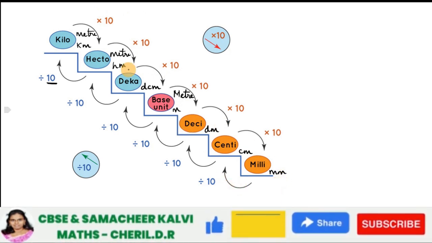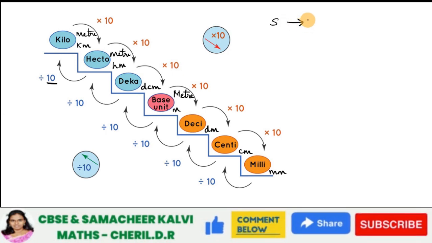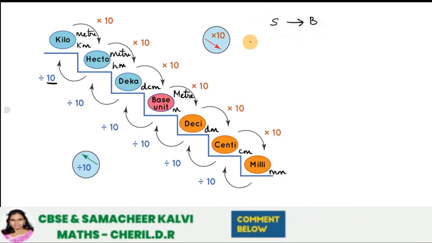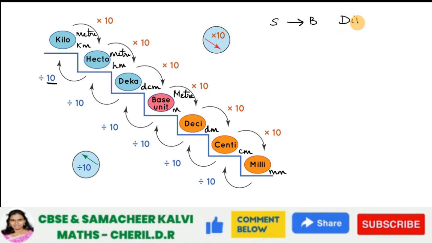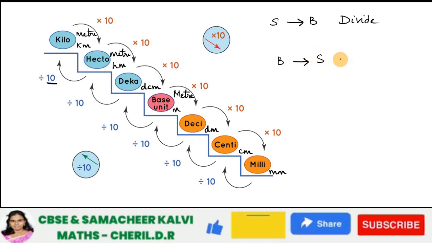Up the ladder means we are going from small to big, and when going from small to big, we have to divide. And when you go from big to small, you have to multiply.